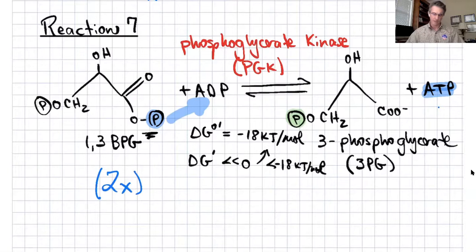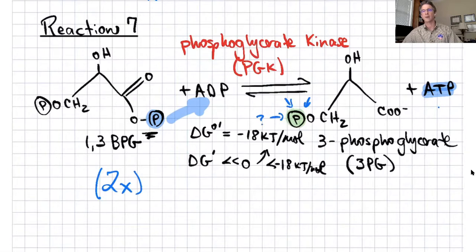Okay, but the problem at this point chemically is that the phosphotransfer potential of that group, in a word, sucks, right? It's nowhere close to what you need to make ATP. So we've got to do something to pump up the phosphotransfer potential of that phosphate group so we can use it to make ATP, right?